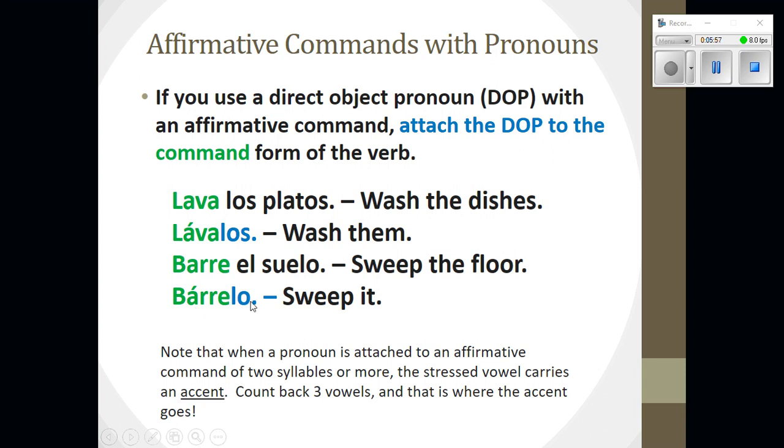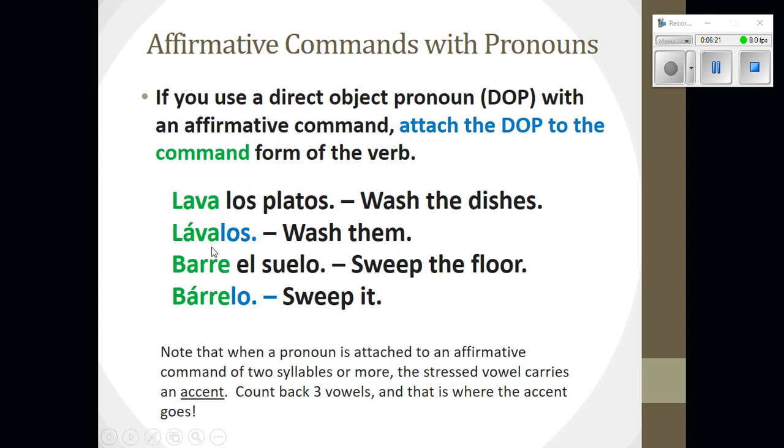Bárrelo. All right, now let's look at this rule here because you may notice there is an accent mark on these two. Okay, it says note that when a pronoun is attached to an affirmative command of 2 or more syllables, the stressed vowel carries an accent. You're going to count back 3 vowels, and that is where the accent goes. So look here. Okay, we've attached something to the command, a DOP.